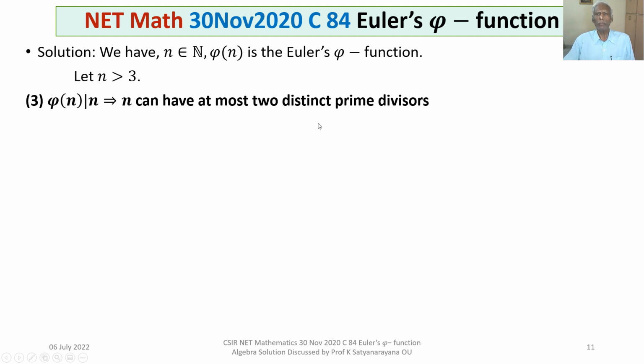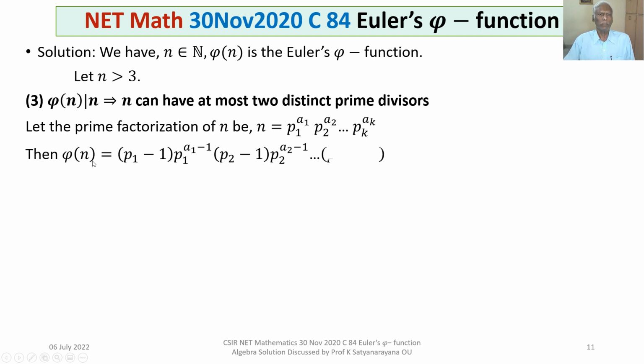And this is true. We are going to prove it. Let the prime factorization of n be n equals p1 to the power of a1 into p2 to the power of a2, and so on, pk to the power of ak, where p1, p2, pk are distinct prime numbers.